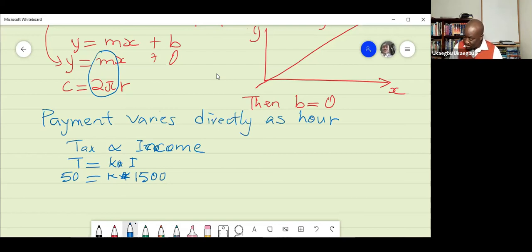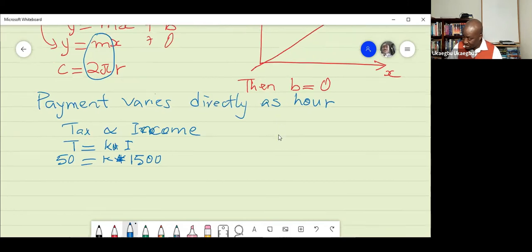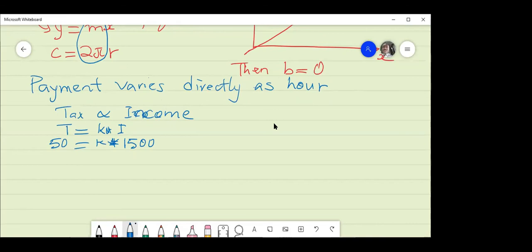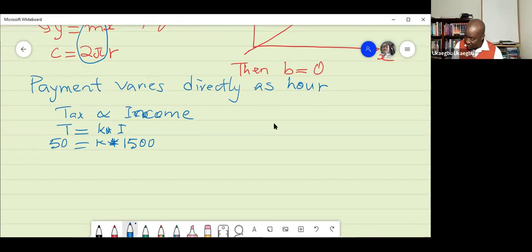So now what will be the K? Which is the constant of proportionality. So the K is going to be, if you divide both sides by 1,500, you are going to get 50 over 1,500 equal to K. So you can simplify that, and that is going to give you 1 over 30.